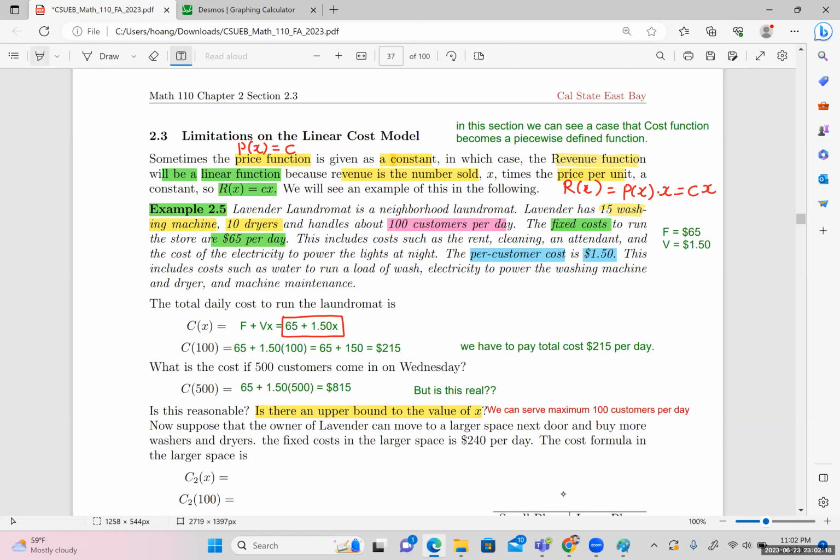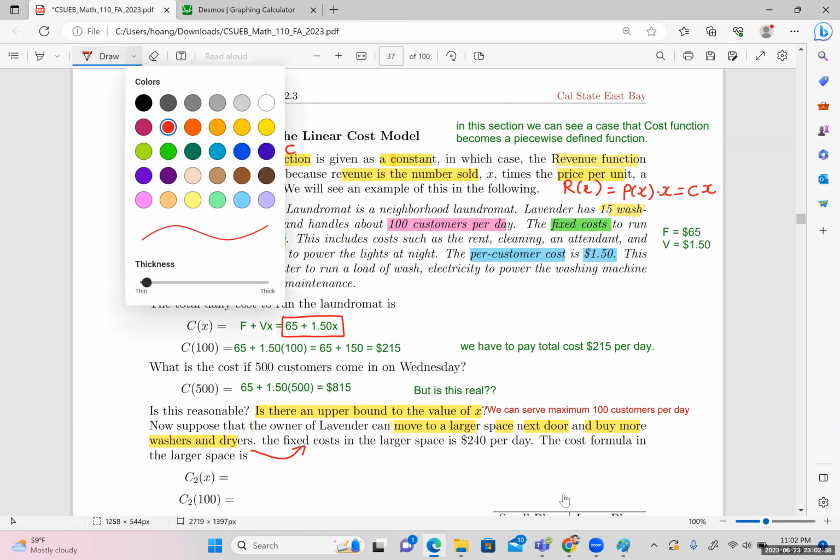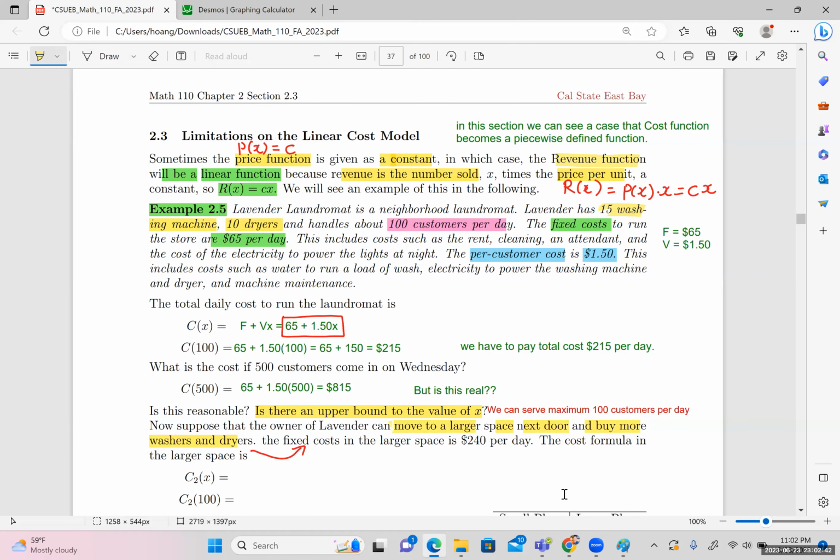Okay, so move to the larger space next door and buy more washers and dryers. Because of that, the fixed cost will be increased and now changes to $250 per day.